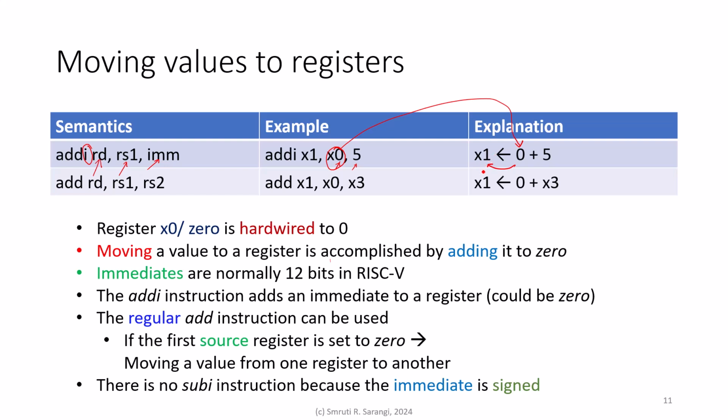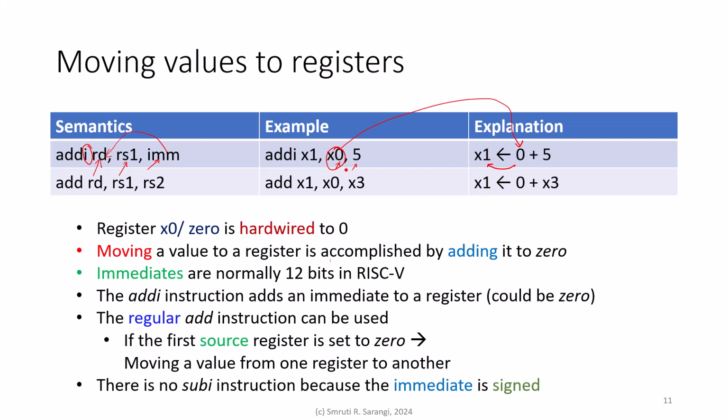Let me tell you, in case you have not noticed, that adding the immediate to 0 and then transferring it to a register is nothing but moving the contents of the immediate to the register. So in the sense that we do not need a separate move instruction. Everything is folded, and very intelligently folded, into the same add immediate instruction.